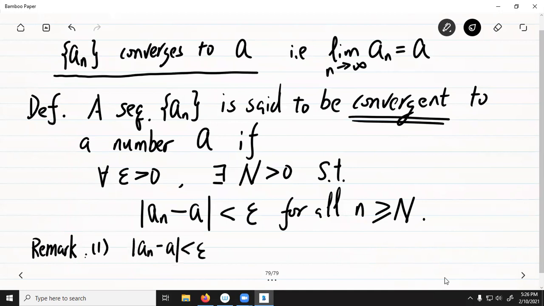Let's get rid of the absolute value sign. That says a sub n should be between A minus epsilon and A plus epsilon. This is just the definition of the absolute value, right?